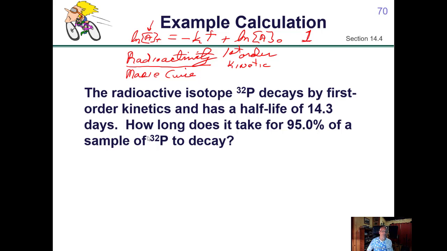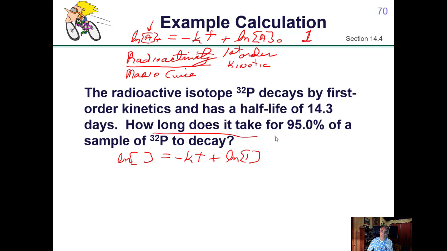All right, so let's put this together. We'll save the left side for a moment, and that's going to be equal to minus k. Now, we don't know what k is yet, but we're going to determine it, and we're going to solve for time. That's what how long does it take is asking for, plus the natural log of, and we're just going to start with 1. So if we start with the amount 1 and 95% of 1 goes away, what's left?